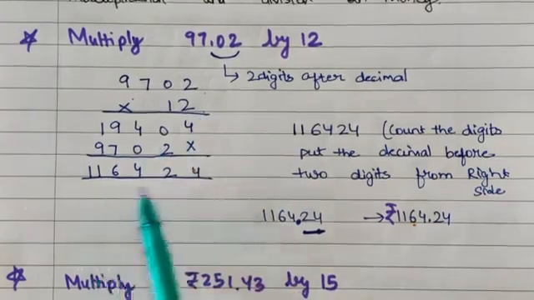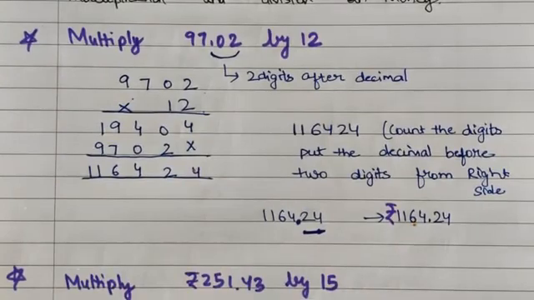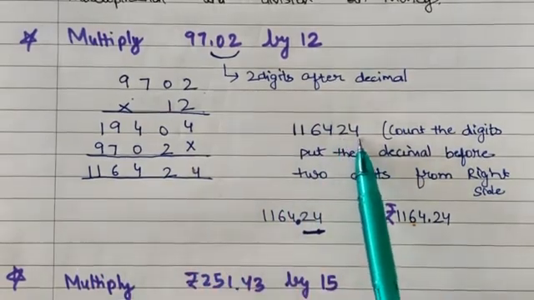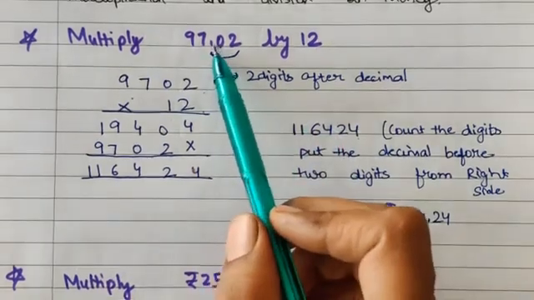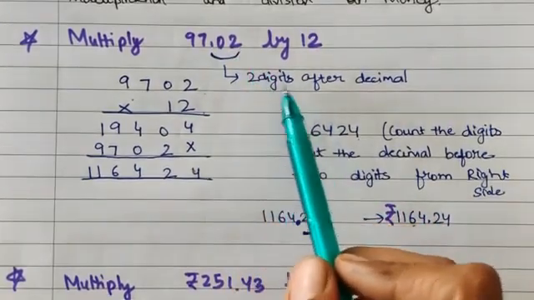What we get? We get 1,16,424. So now how will we put the decimal in the last? Now see, after decimal, how many digits are there? There are 2 digits.